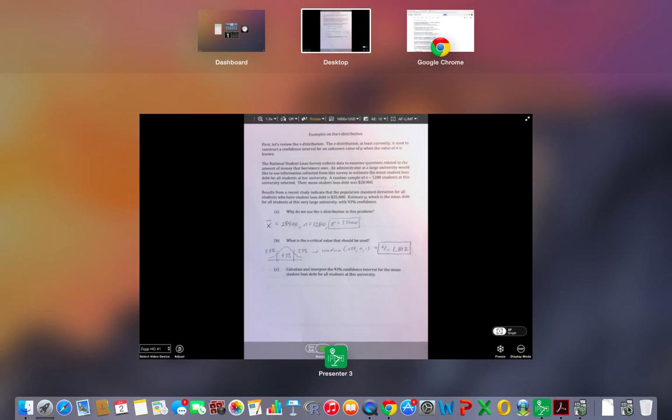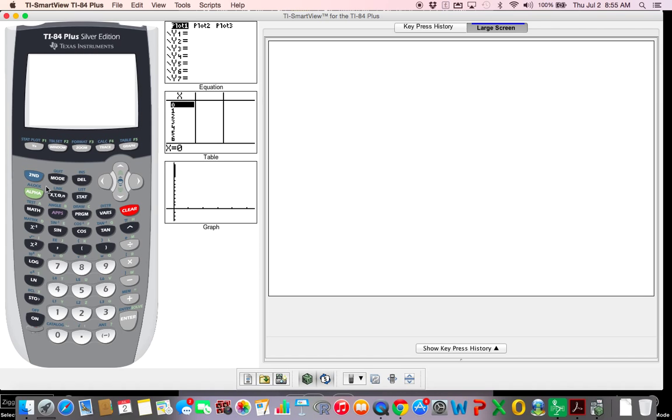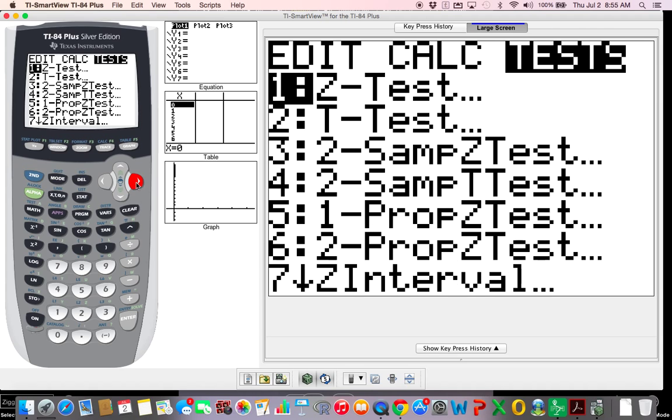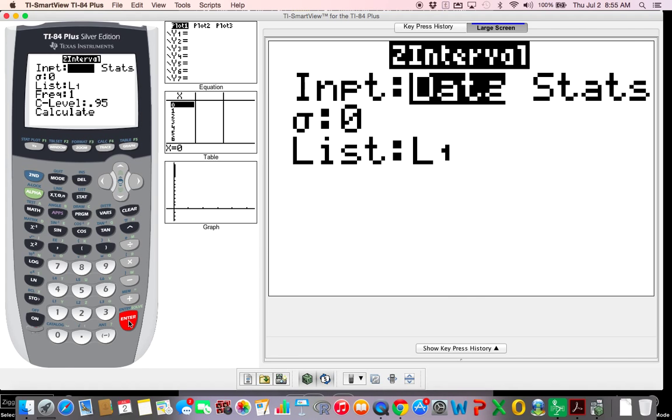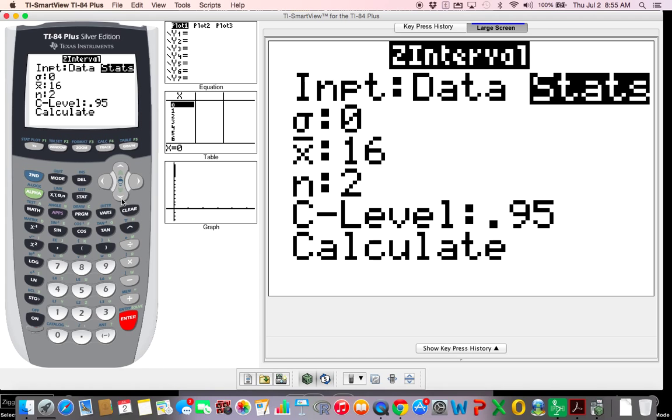If I have the option and no one's standing over top of me telling me which way I have to calculate that, I am going to use the easy way. First of all, it doesn't lend itself to silly arithmetic mistakes. So I choose the z interval because the population standard deviation is known. I don't have the numbers, I have the statistical results, so I need to select that.